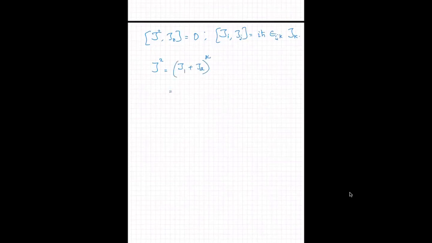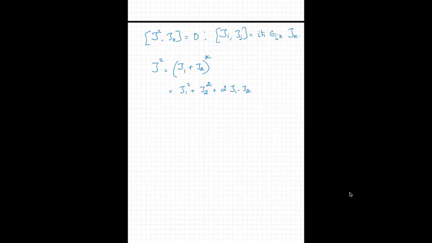So this is equal to J1 square plus J2 square. You might think that I had to write this as J1 dot J2 plus J2 dot J1, but I don't have to bother, because J1 and J2 are two different matrices in two different Hilbert spaces that commute. So I can always write this as 2 times J1 dot J2. Okay, nothing lost.